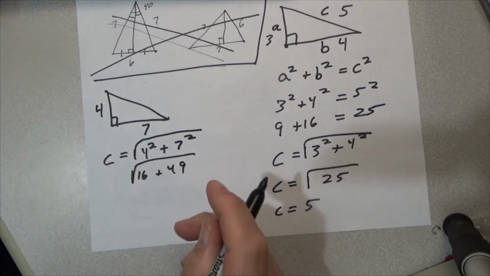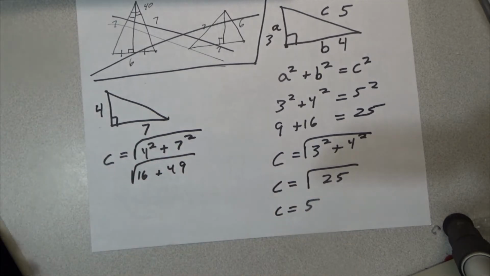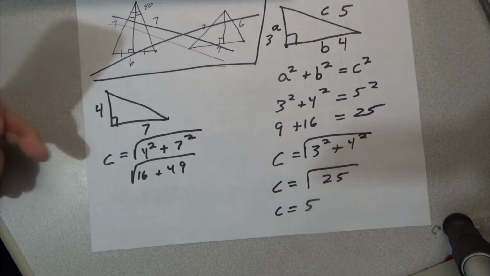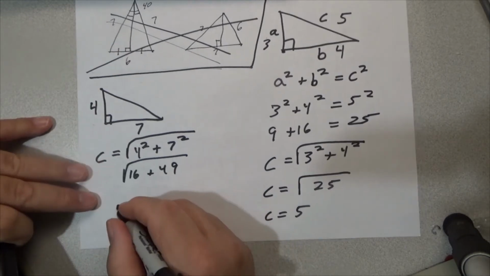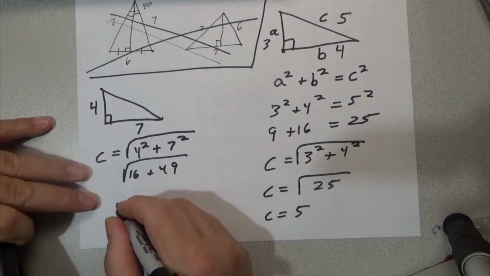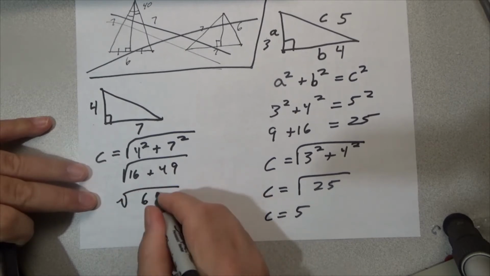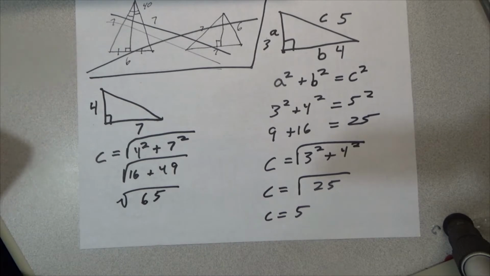That gives 65. So C is equal to the square root of 65, which equals 8.06.